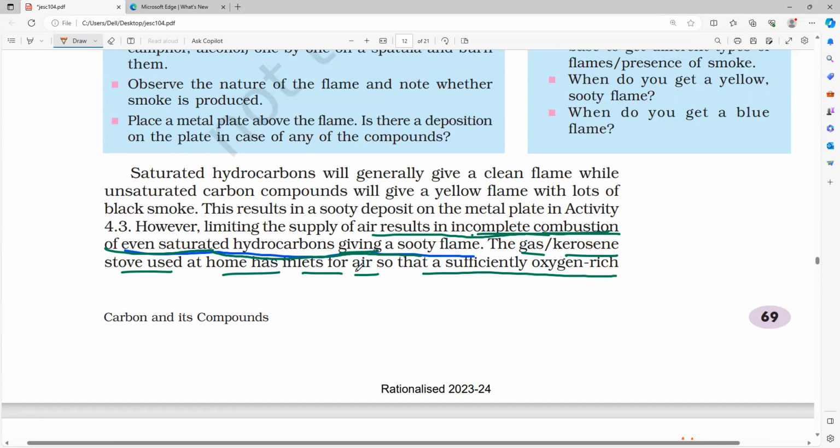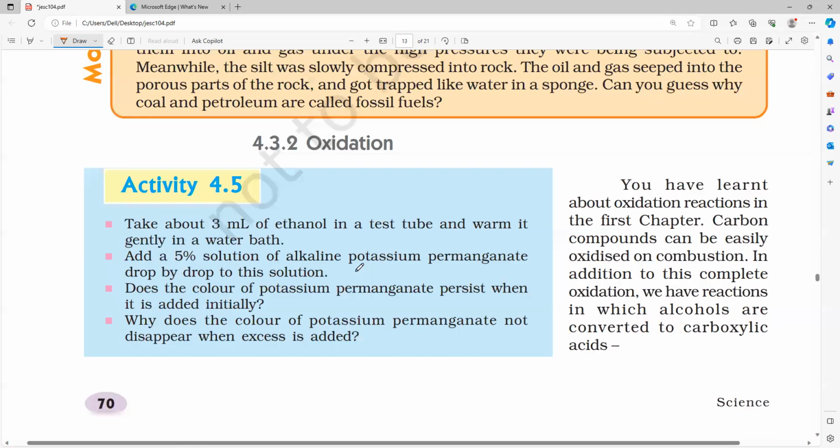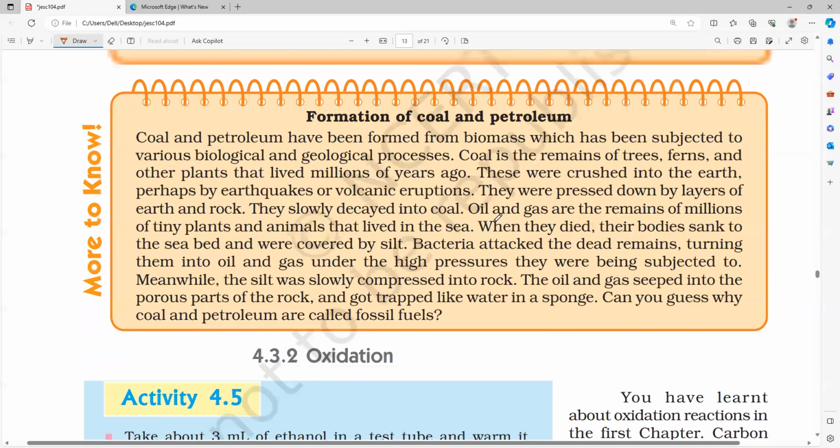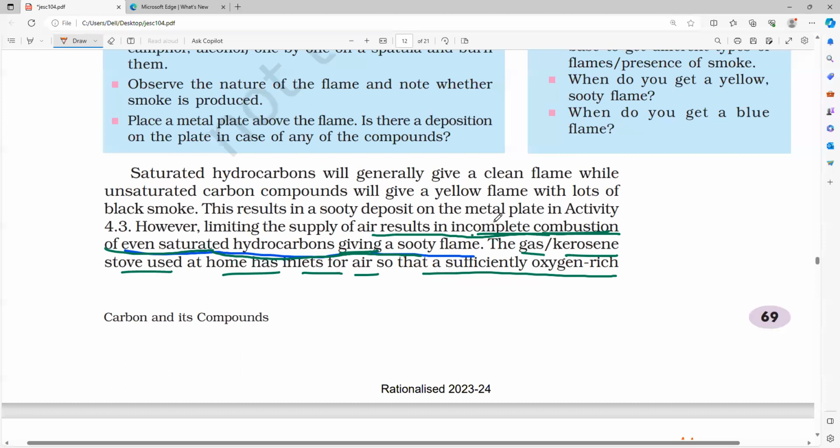Now, is it true that unsaturated hydrocarbons always produce black or sooty smoke, always give a yellow flame with a lot of black smoke? No. So note that point.